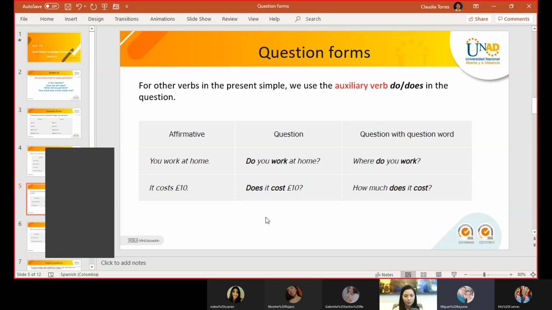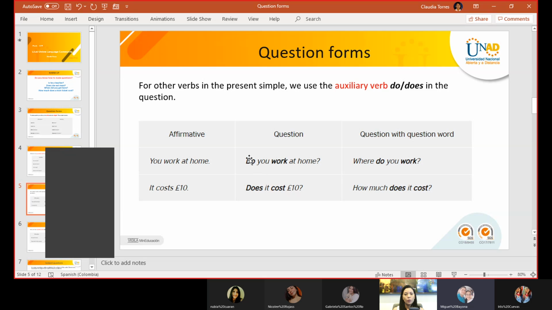Does is used with he, she, it. And do is used with I, you, we, and they.